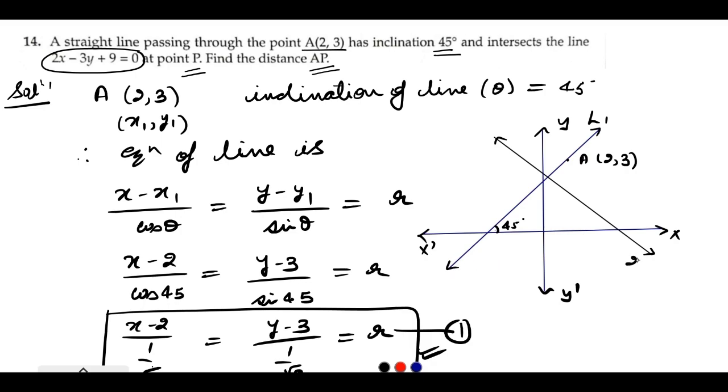This is the line 2x minus 3y plus 9 is equal to 0. Then the point of intersection of these two lines is P. And we have to find distance AP. According to the symmetrical form, if P is any point on the line, let it be x, y, then r is the distance of P from the given point. Means simply we have to find r.